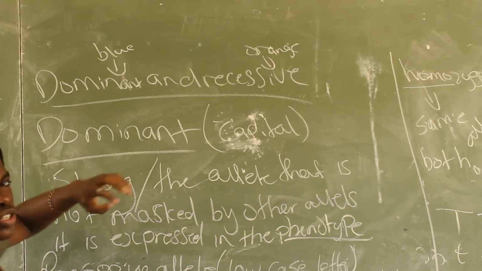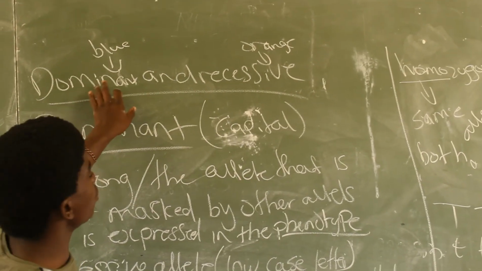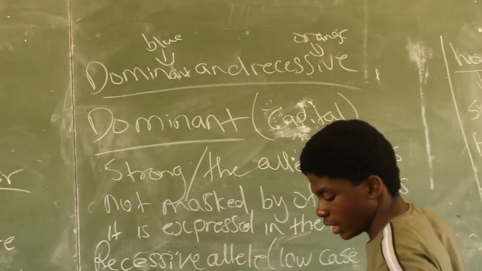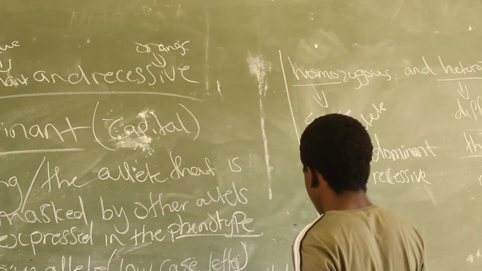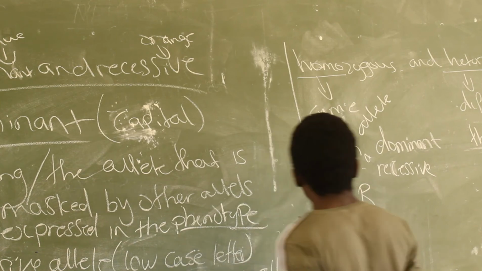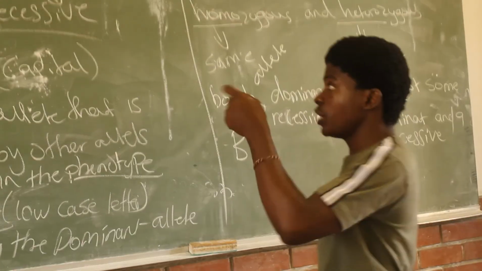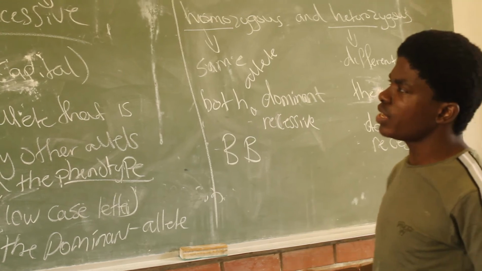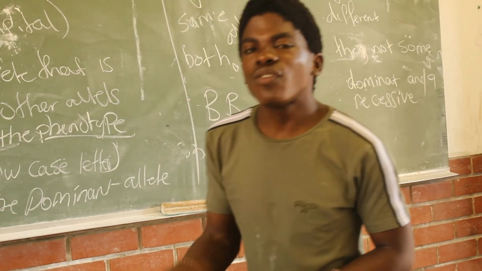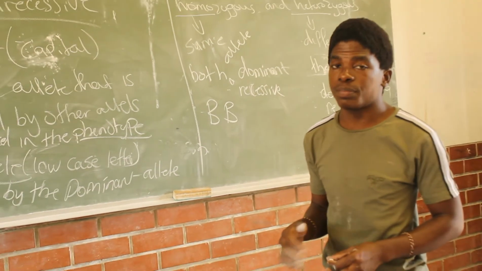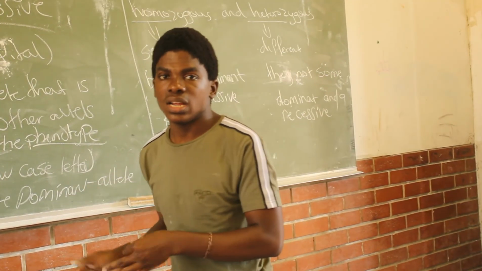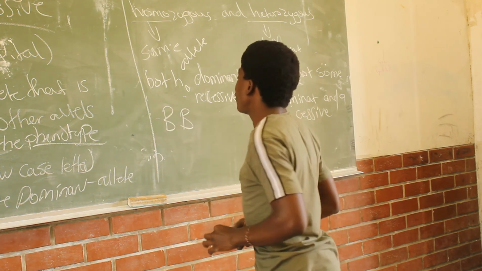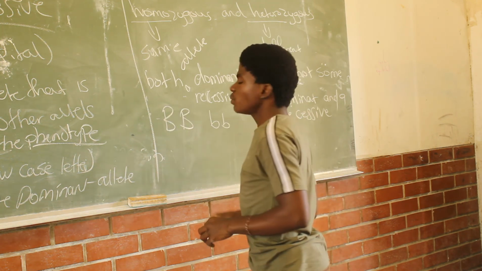In this case, blue is dominant, so to represent the dominant allele we use capital letter B. Because alleles can either be dominant or recessive, if we use capital B for dominant, then for the recessive allele, because we are talking about one characteristic, we use a small letter b.